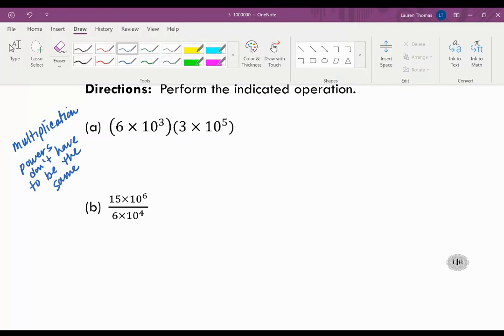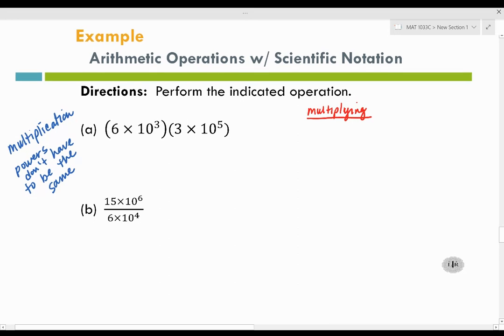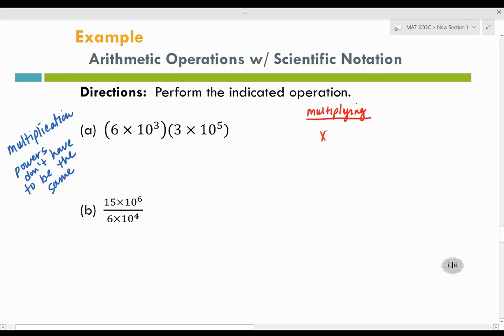All right, so let me remind you. If you are multiplying like bases, you add their powers. So if you have anything that looks like x to the n times x to the m, you add the powers together.